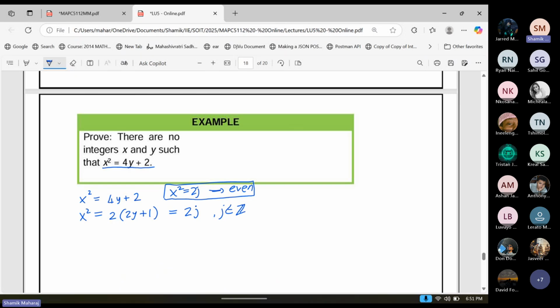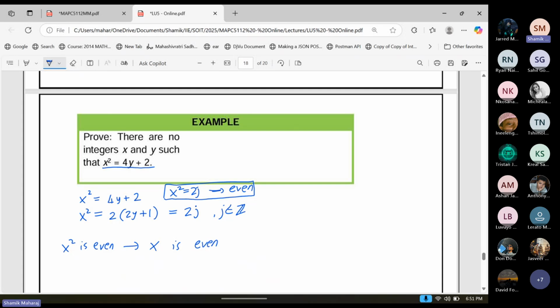All right, then I think we can make a bit of a leap here based on a previous question. We know x squared is even, and if x squared is even, it means that x is also even, right? We've proven this in a previous question.